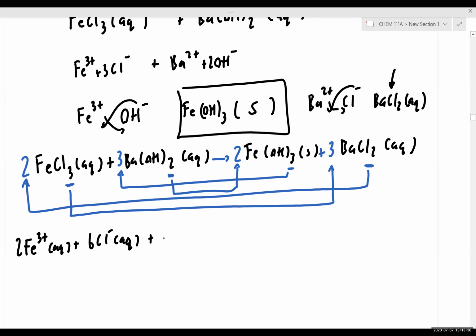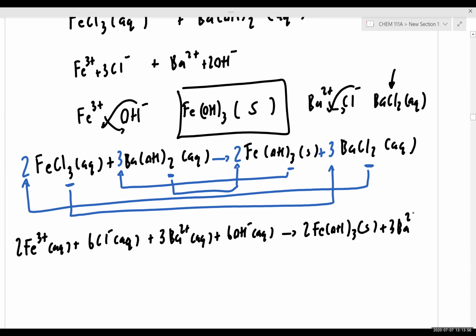Barium hydroxide breaks down into 3 barium 2+ aqueous and 6 OH- aqueous. Iron 3 hydroxide does not break down because it's insoluble. Barium chloride breaks down into 3 barium 2+ aqueous plus 6 Cl- aqueous.